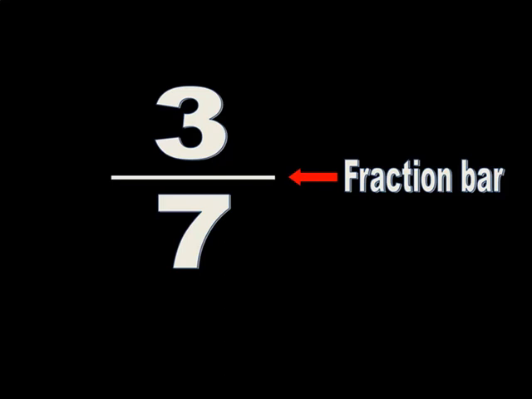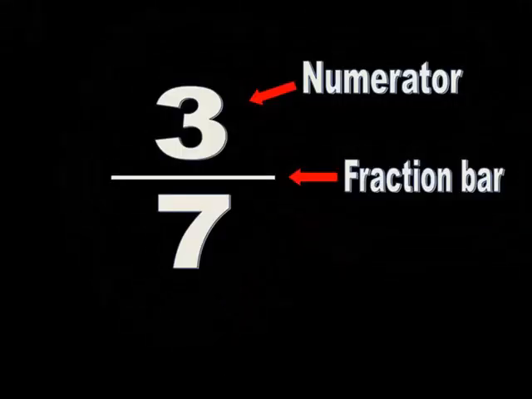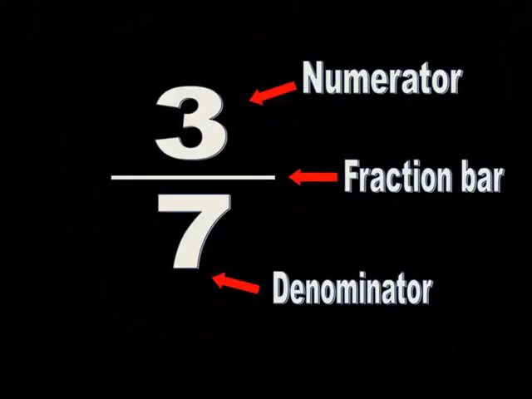Now, we've seen that the bar is called the fraction bar. What about the number above the fraction bar? The number is called numerator, while the number below the bar is called denominator.